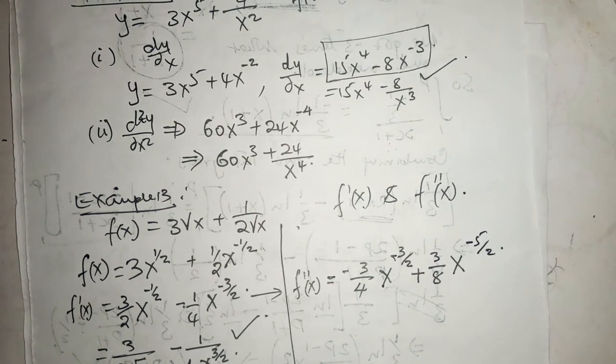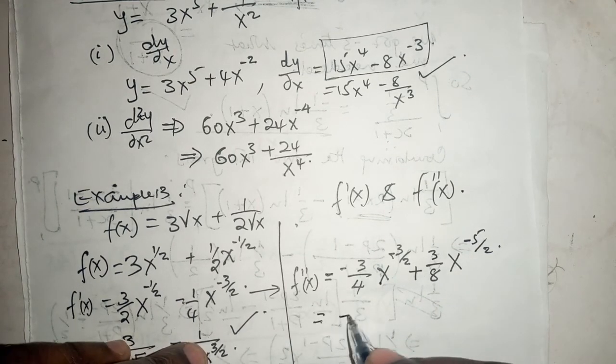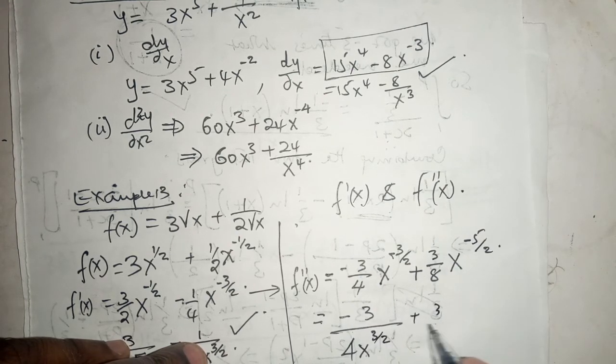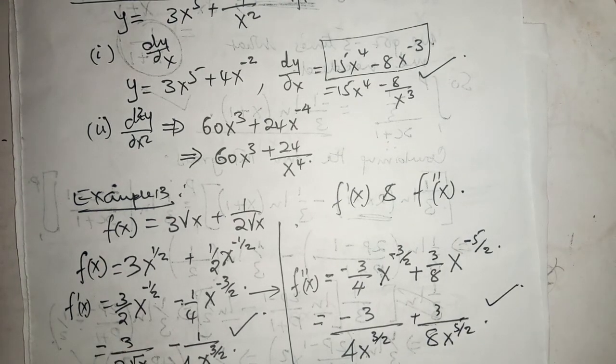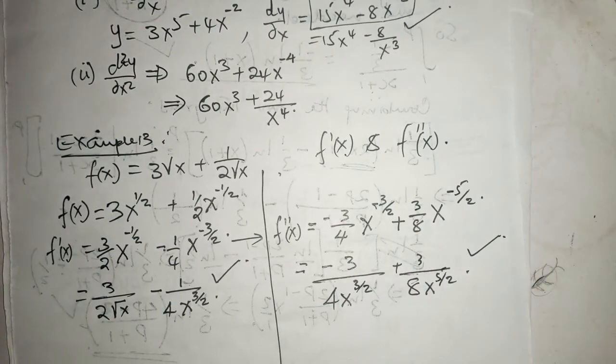So if you want to rewrite it with x's in the denominator, you're going to have minus 3 over 4 x^(3/2) plus 3 over 8 x^(5/2). Either way, this is also okay.